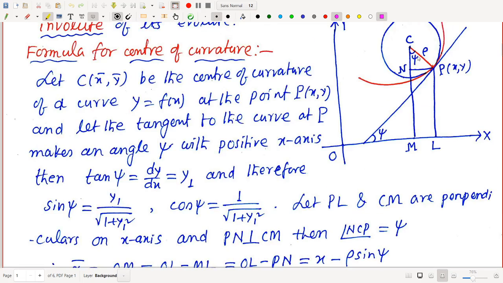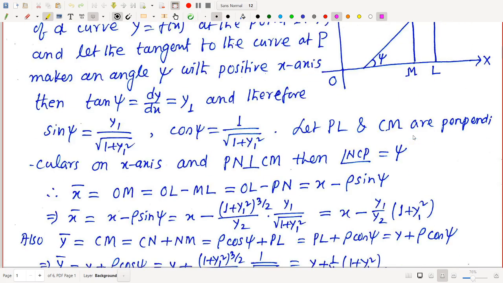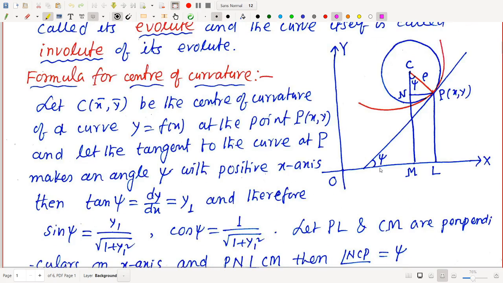Now let PL and CM be perpendiculars on the x-axis, and PN be perpendicular on CM as in the figure. Then this angle NCP is also psi. Psi is the angle made by the tangent to the curve at P with the positive direction of the x-axis. From simple geometry, the angle between two lines equals the angle between their perpendiculars.